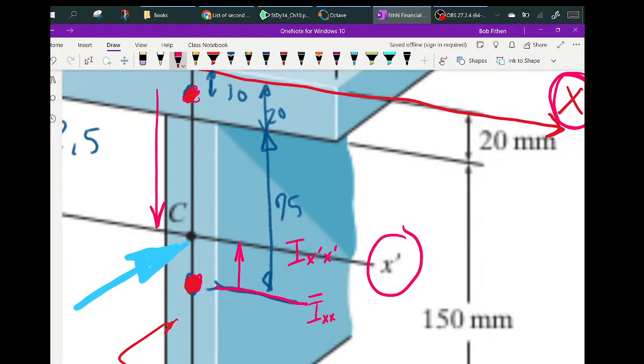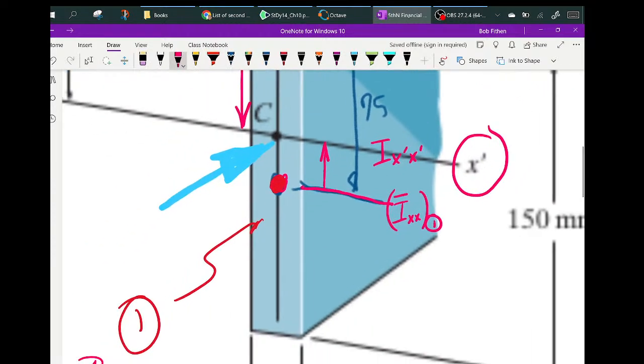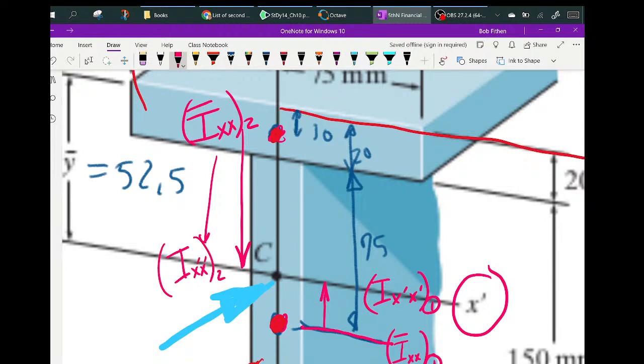And I needed to move, and this one I don't know what to do except to say this is for 1, this, and I need to move the I bar XX to the, so this would be 1, and I need to move it IXX tilde, tick tick 2. So I need to know this distance.